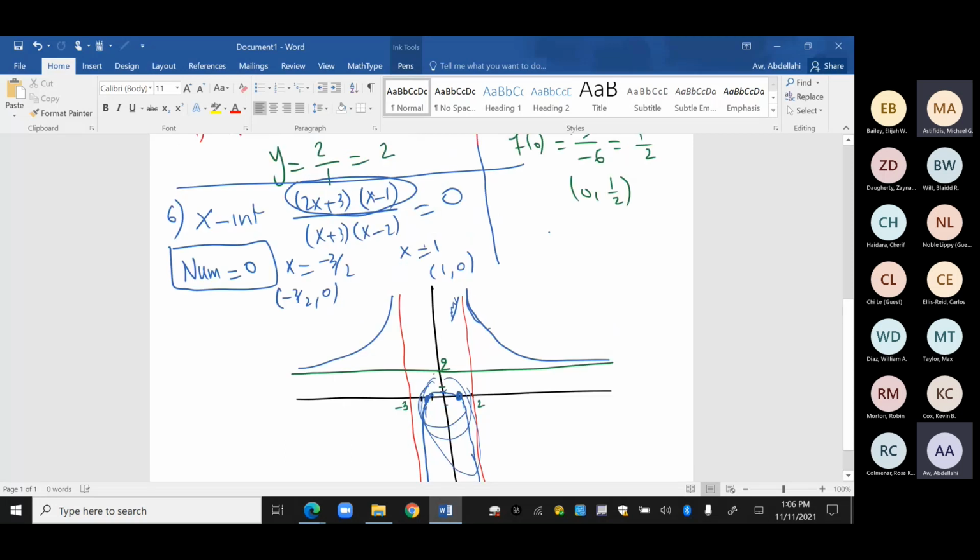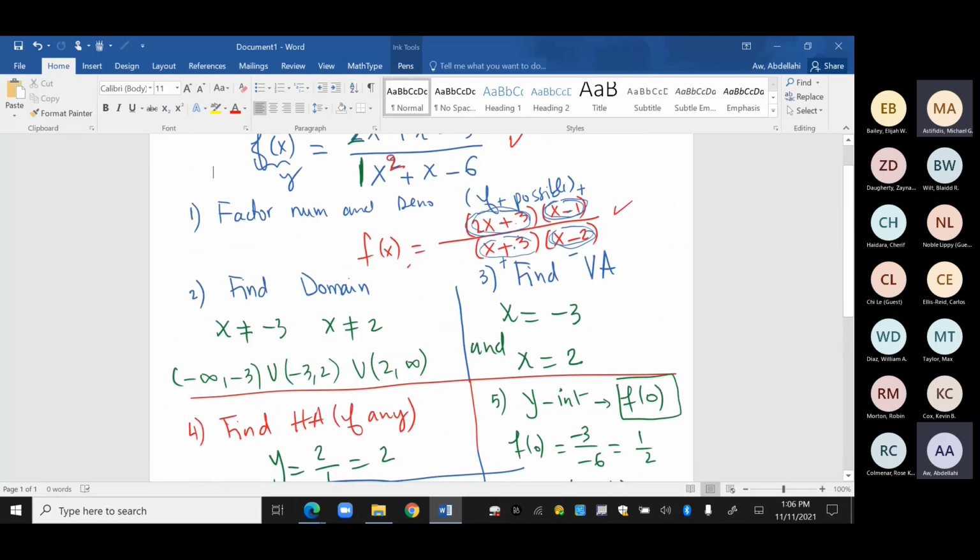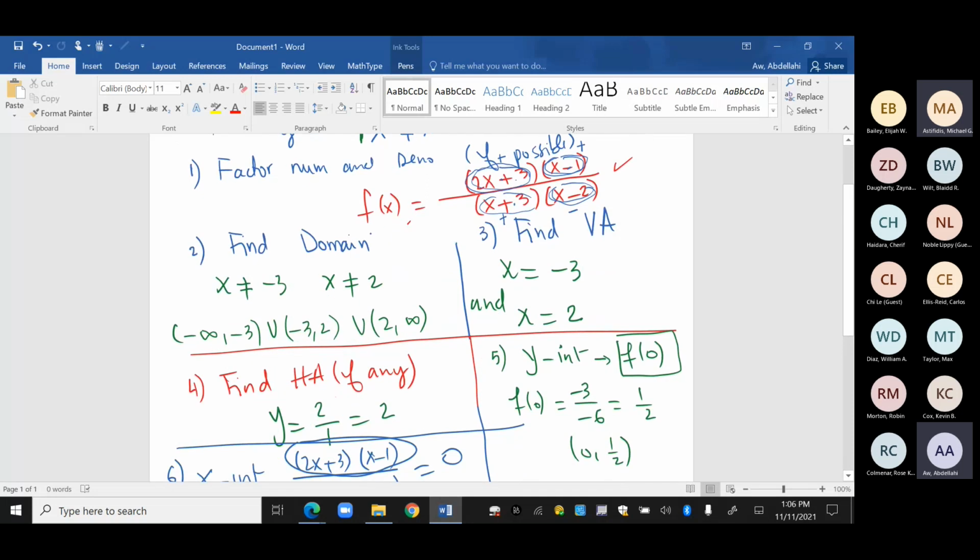But now, if you recapitulate, everybody knows how to find the domain. The domain is about what part of the function? The denominator. The vertical asymptote is about what part of the function? The denominator.